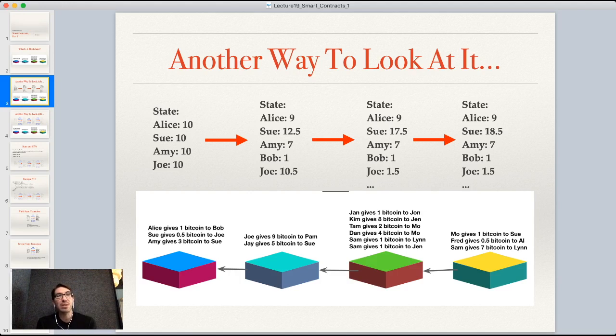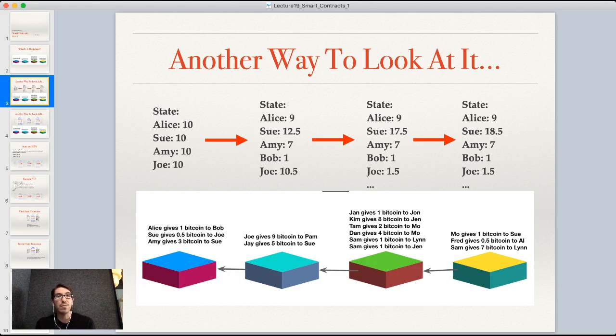So one way to look at a blockchain system is that we have, at any given point in time, a particular state of the system. In the example I had in the previous slide, we had an initial state of Alice with 10 Bitcoin, Sue with 10 Bitcoin, Amy with 10 Bitcoin, and Joe with 10 Bitcoin.